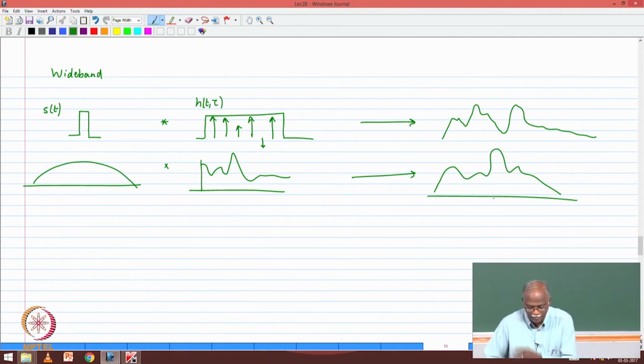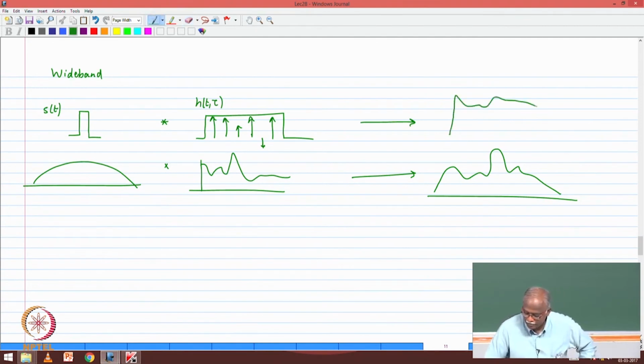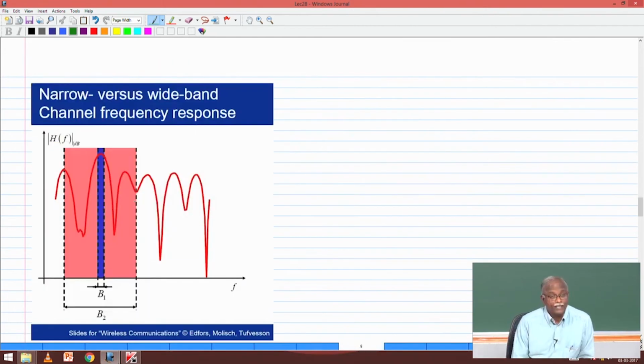I don't want the time domain and frequency domain to look similar to each other. Let me just redraw this. Okay, so the product of these two is what is shown here. The frequency spectrum has got distorted, which is exactly what you saw in the case of a wideband channel.